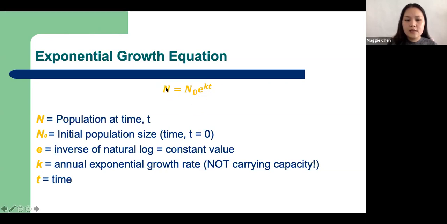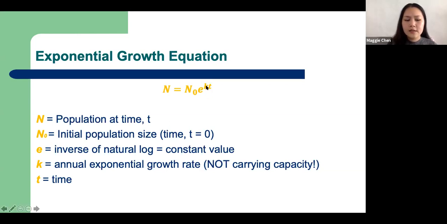So our N is our population at that time. So whatever population we have at this certain point in time is equal to N naught, which is the initial population size at time 0, multiplied by e, which is the inverse of natural log. So it's this constant value that you can plug in. It's a button on your calculator, and that's just what you can type in for e to the kt.